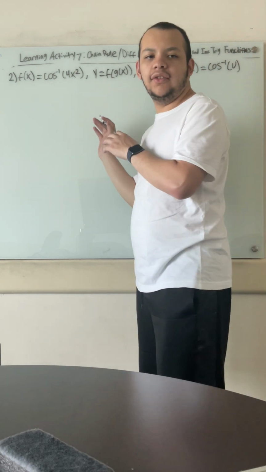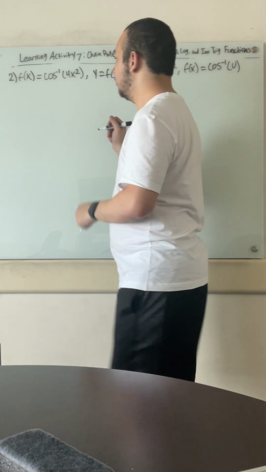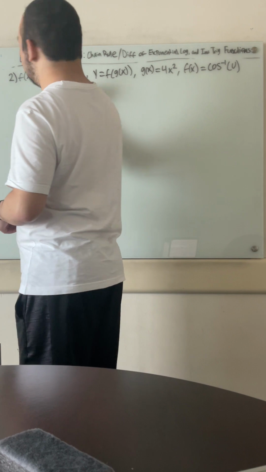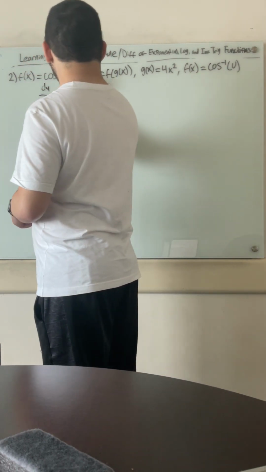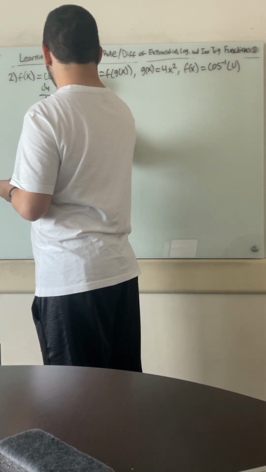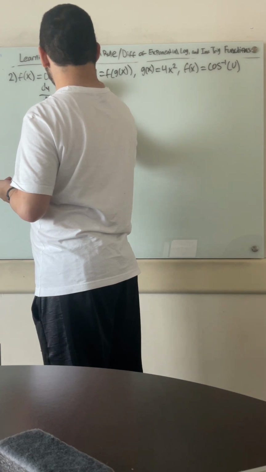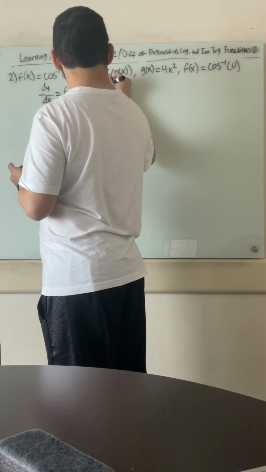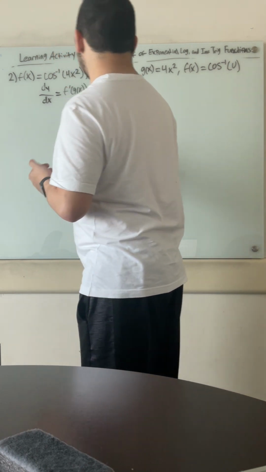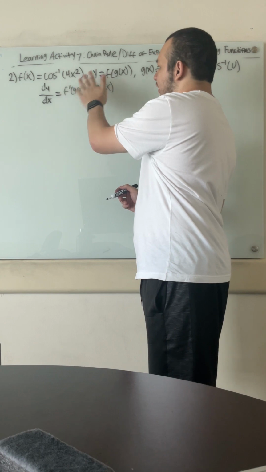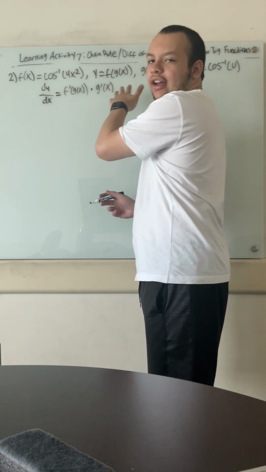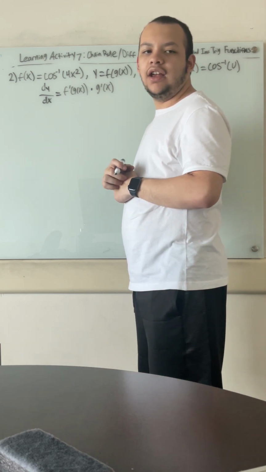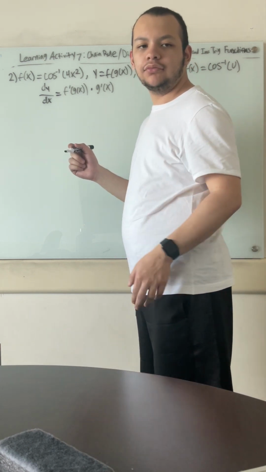So now that we know all of this, under prime notation, the general formula is dy dx is equal to f prime of g of x times g prime of x. So notice first that we're evaluating the outer function, and then we go inside the inner function. So let's go ahead and evaluate our f prime of u.